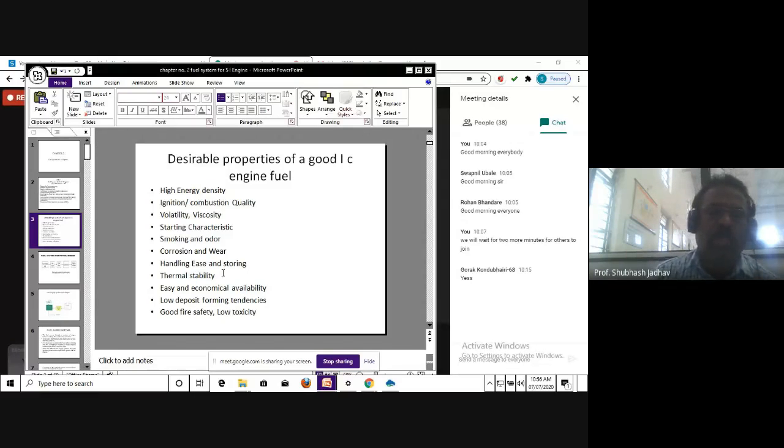Then the thermal stability. This is again an important parameter when we compare petroleum fuel with vegetable oil. We know that anything from a vegetable source undergoes biological decay. That means if we keep vegetable oil for, suppose, 1 year, what will happen? The smell of the vegetable oil changes.